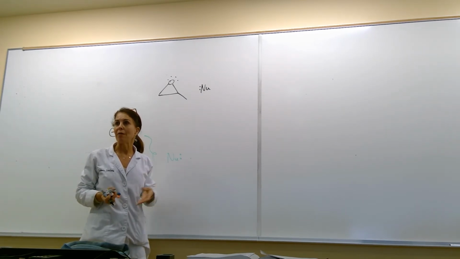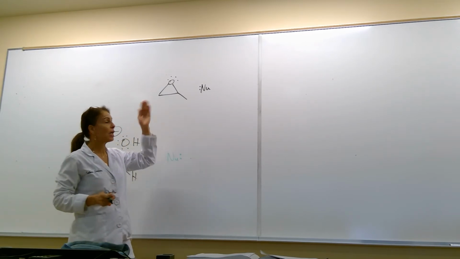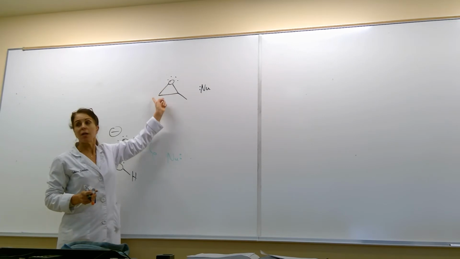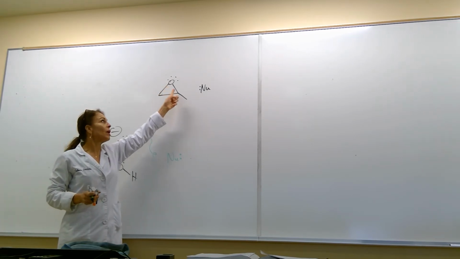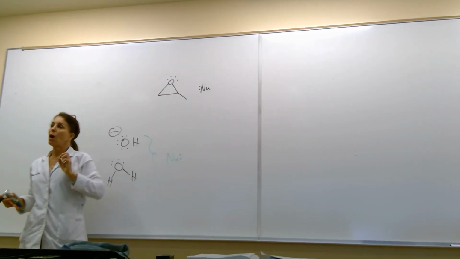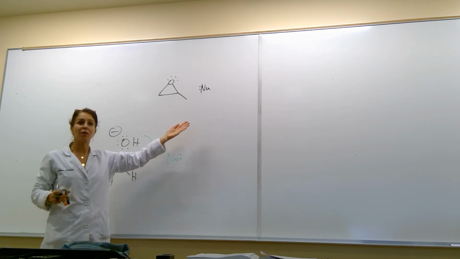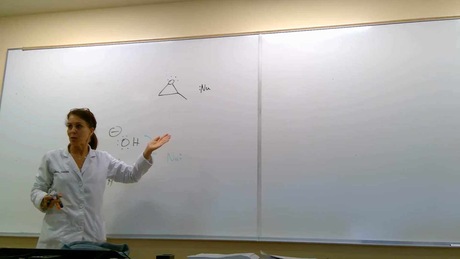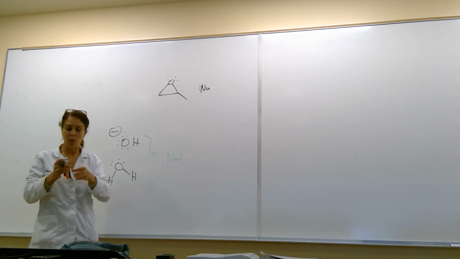So what do they have left? Which bond is weak here? See the C-O, you agree? This one and this one. The oxygen wants to take it all. So if there is a nucleophile, the oxygen will be super happy. Why? Because the nucleophile attacks in one position and the oxygen takes what it wants.